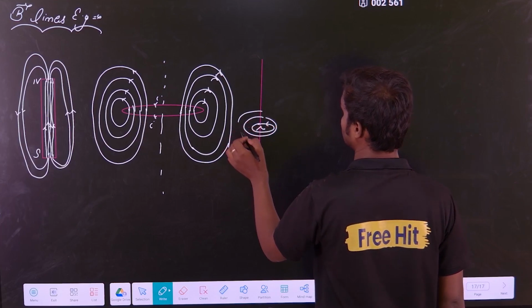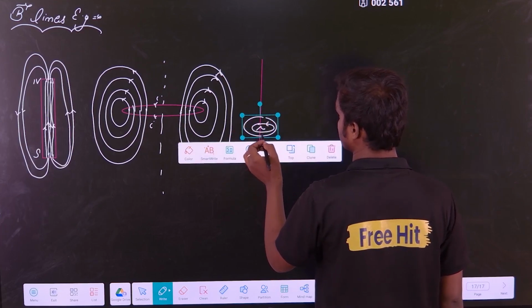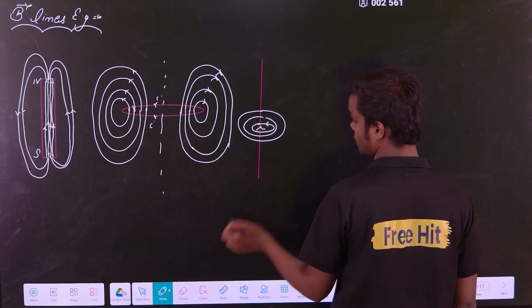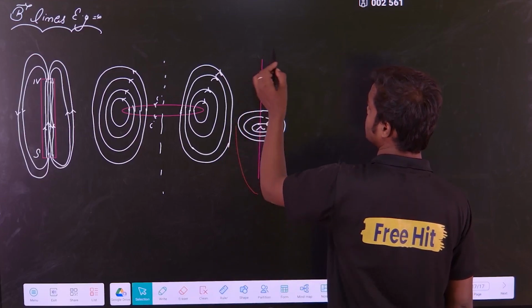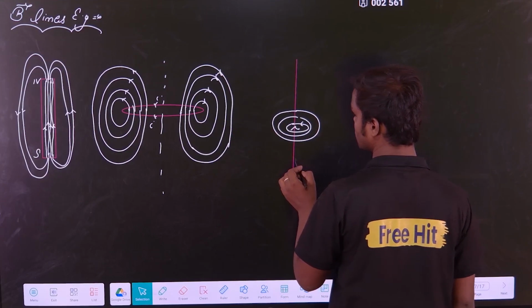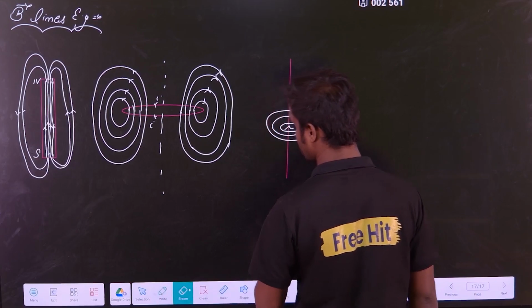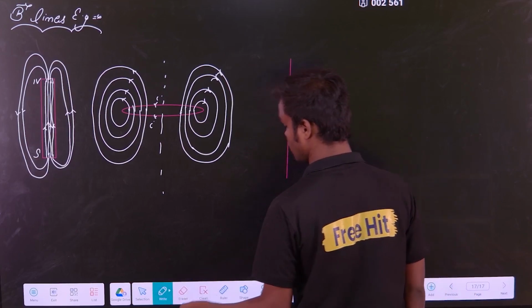That is concentric circles. So these are some of the examples which you can refer to for drawing magnetic field lines.